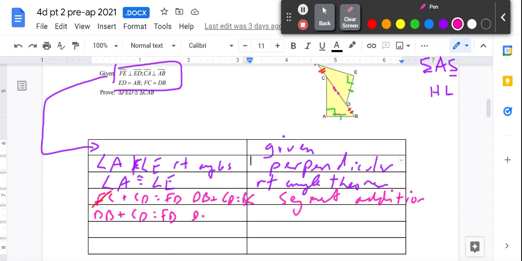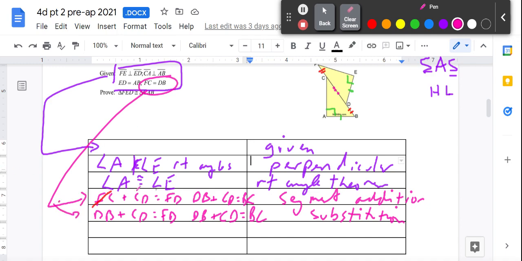And we know that DB plus CD equals BC, okay? And we just substituted what we were given, okay? We substituted since FC and DB are the same. Okay, we'll substitute DB in for FC, okay?